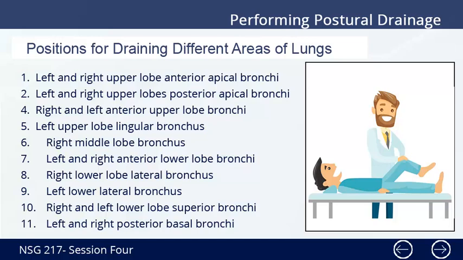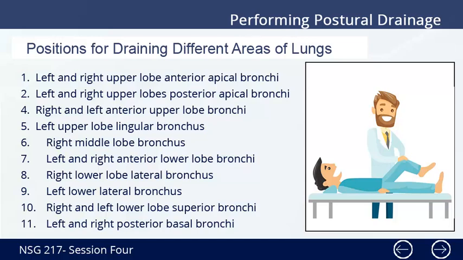Number 9, right and left lower lobe bronchi. You will have the patient lie flat on the stomach with a pillow under the stomach. Percuss and vibrate below the scapulae on either side of the spine.